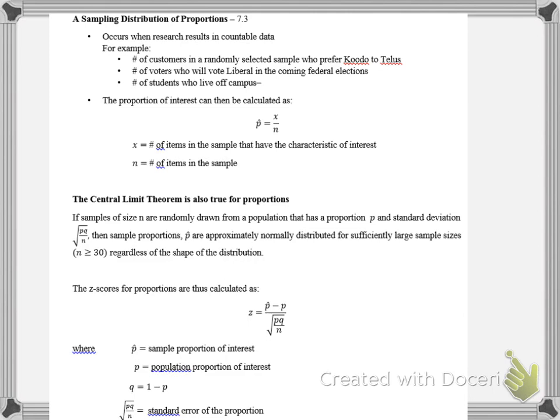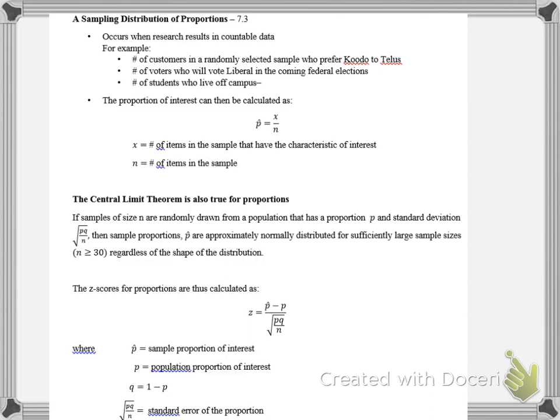If samples of size n are randomly drawn from a population that has population proportion p and standard deviation square root of pq over n, then sample proportions p hat are approximately normally distributed for sufficiently large sample sizes, n greater than or equal to 30, regardless of the shape of the distribution.